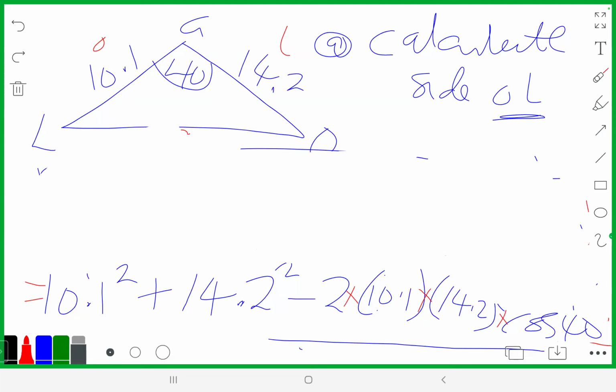What did you find? What are we finding? I've tried, I don't know how many times, but I keep finding it.